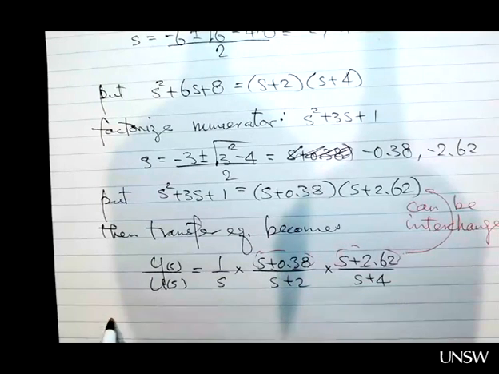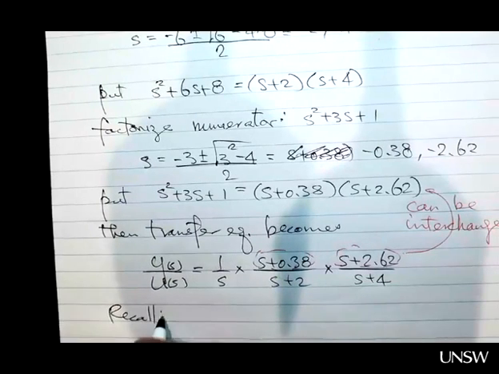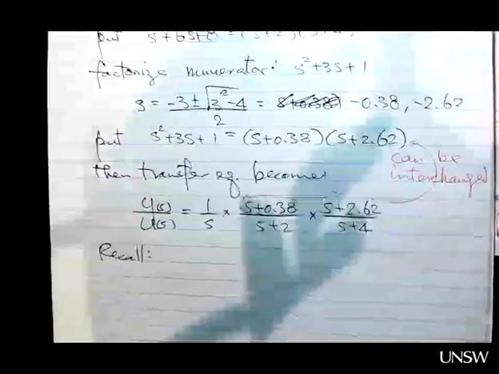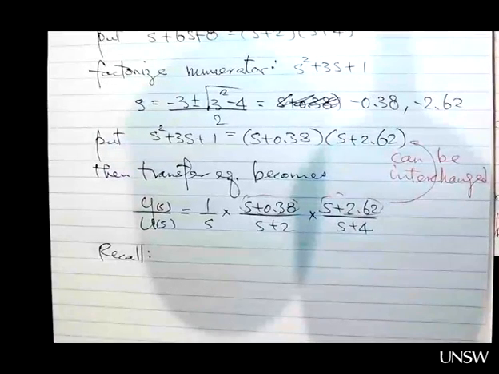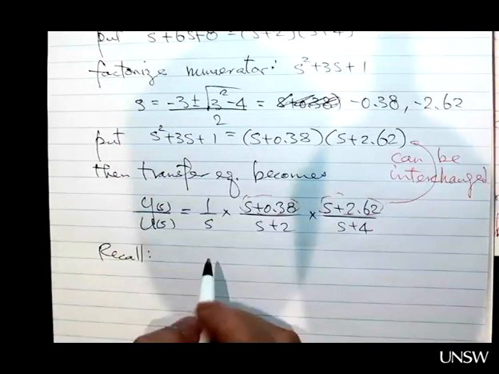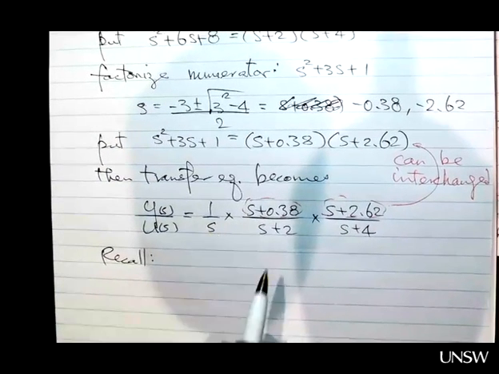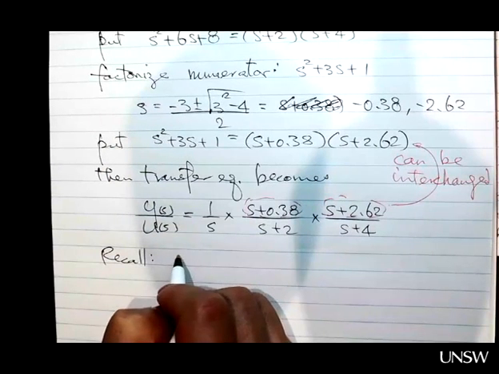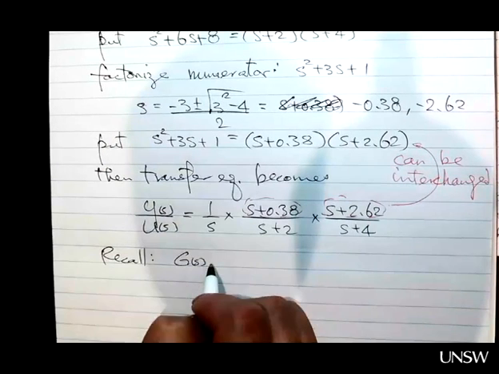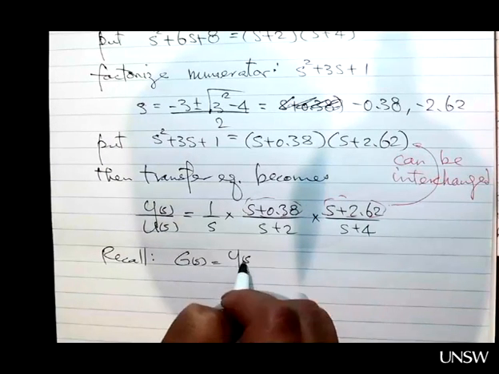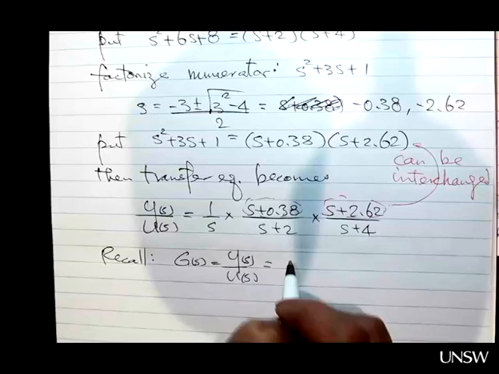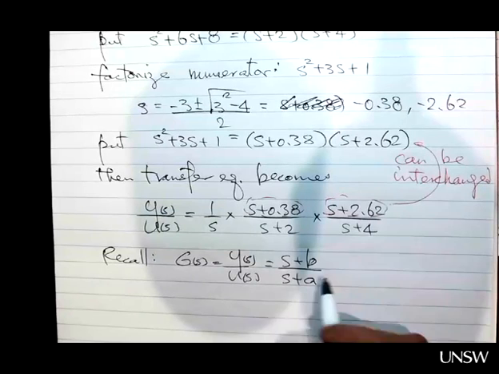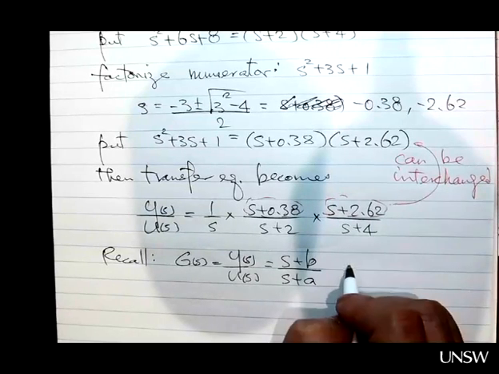Then we recall that we call another term G of s equals Y of s over U of s, which is a general form.